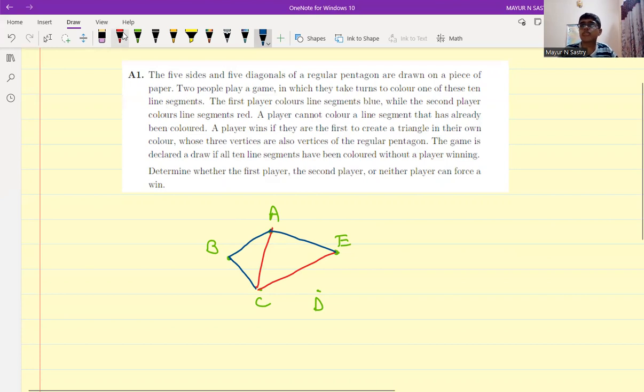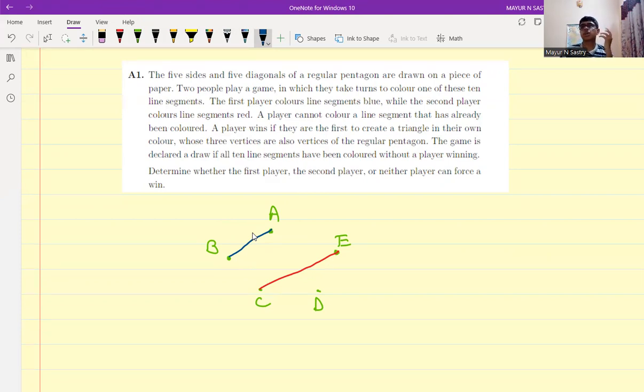So BC seems to be not such a great choice. Since the second player had chosen CE, BE is also a symmetric case. You can see that if you join BE, you end up being forced again.